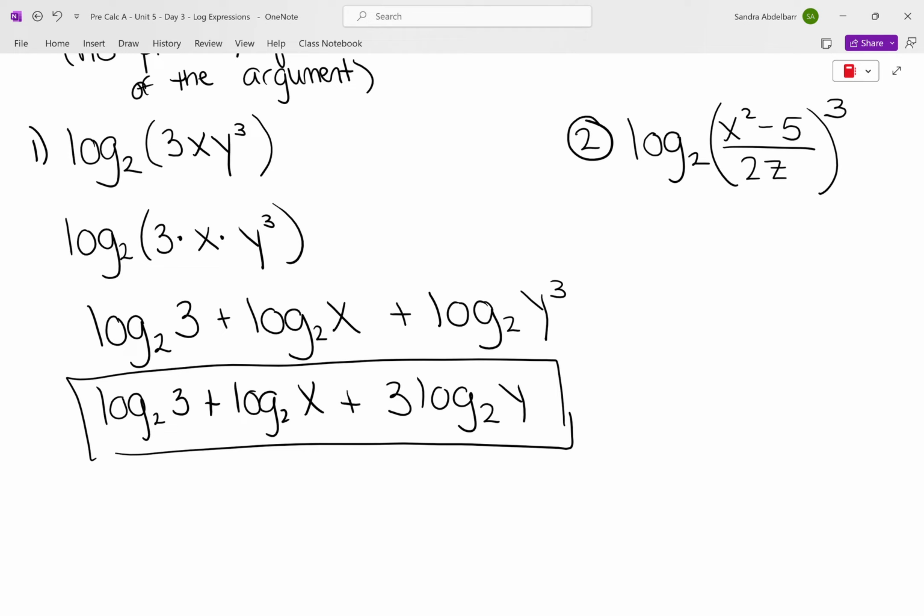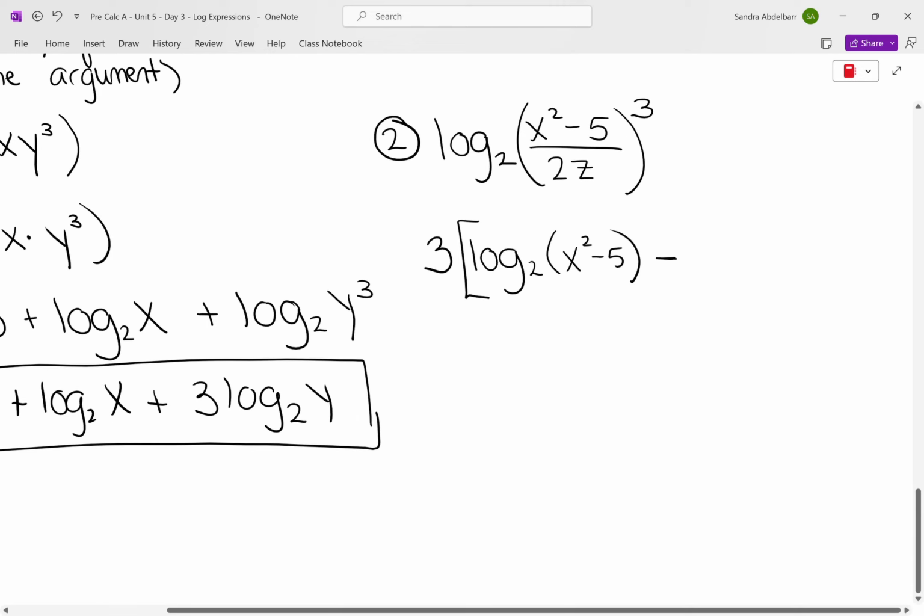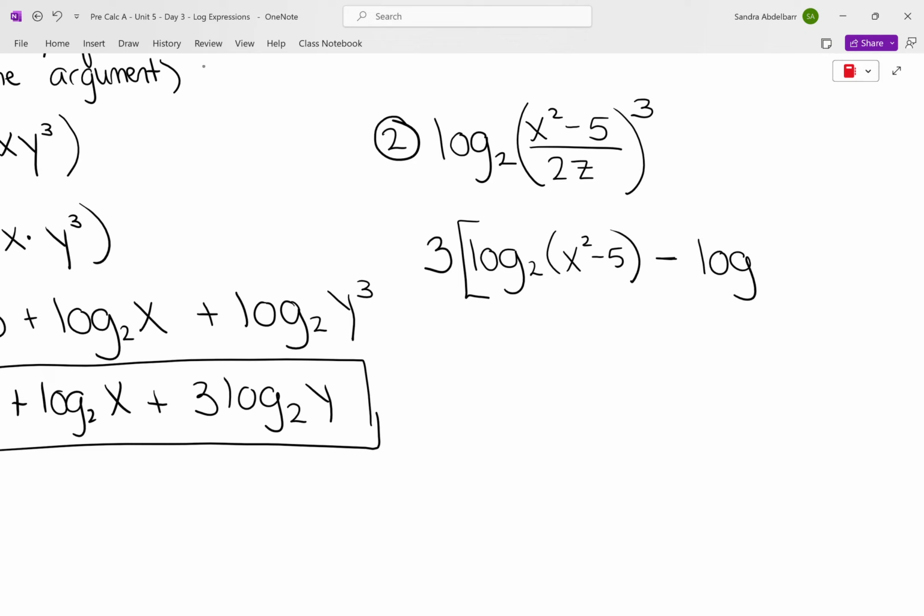So when I move this exponent to the front, I can move it to the front of this whole thing since it belongs to the whole argument. So I'm going to have 3, and then I'm going to make brackets. And then we're going to have log base 2 of x squared minus 5 minus log base 2 of 2z.